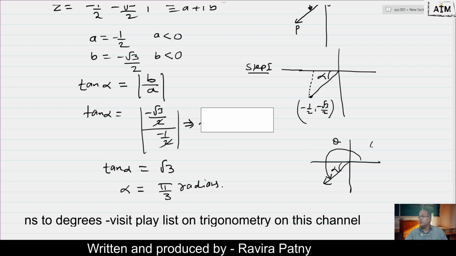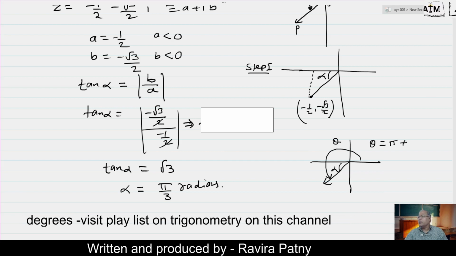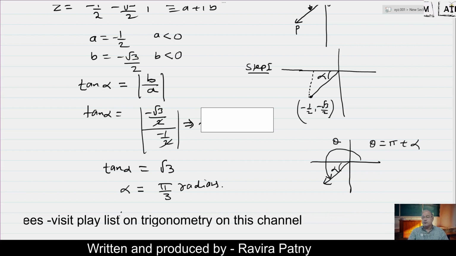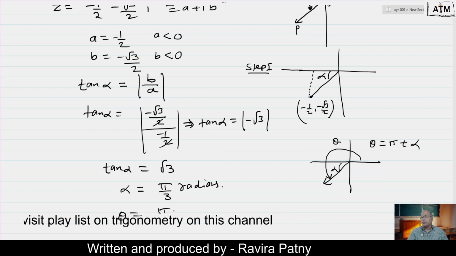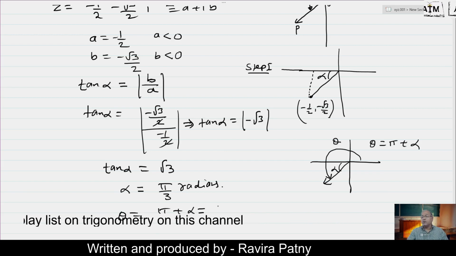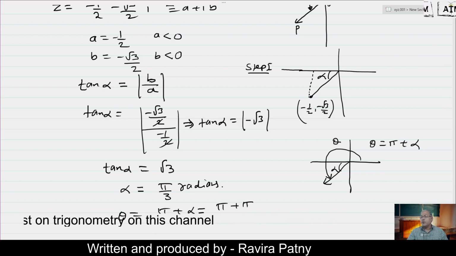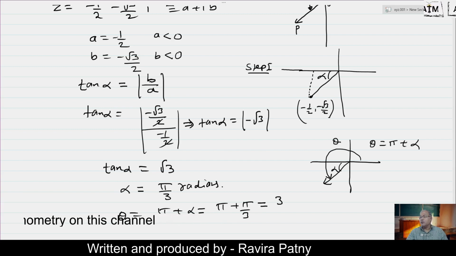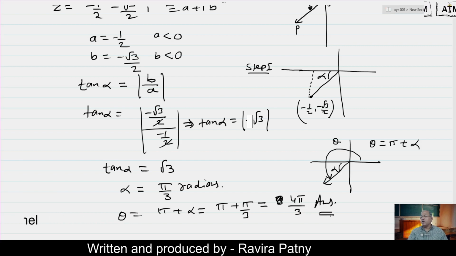So theta is nothing but pi plus alpha. Therefore theta equals pi plus pi by 3, that is 4 pi by 3. So theta equals 4 pi by 3 is the required answer.